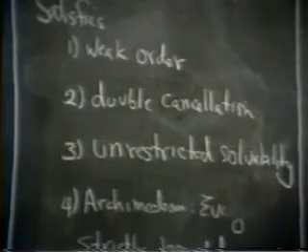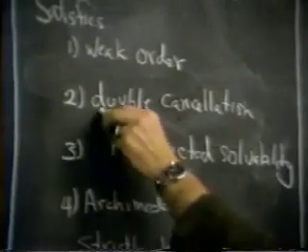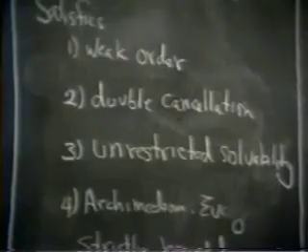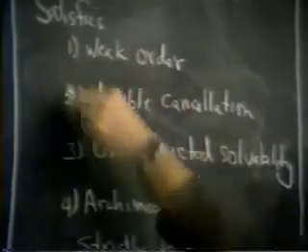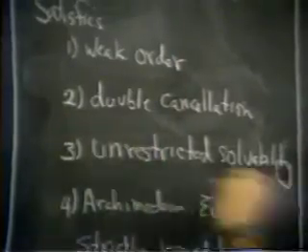It's not put in because from unrestricted solvability, weak order, and double cancellation, one can immediately prove independence. And so you first put in these properties and then derive independence, and I'll do that in a moment.